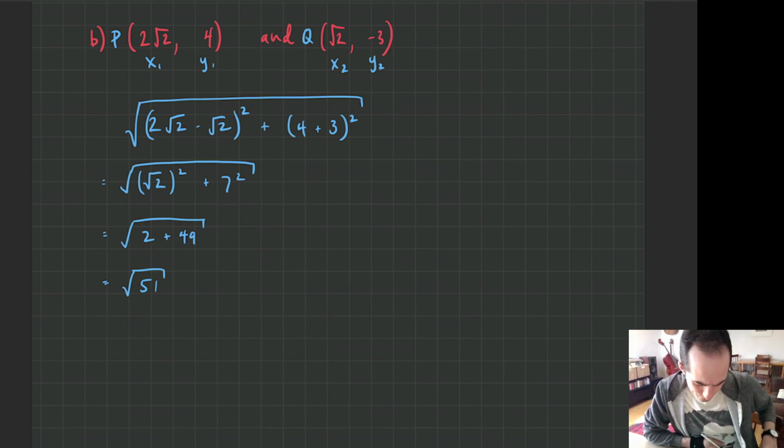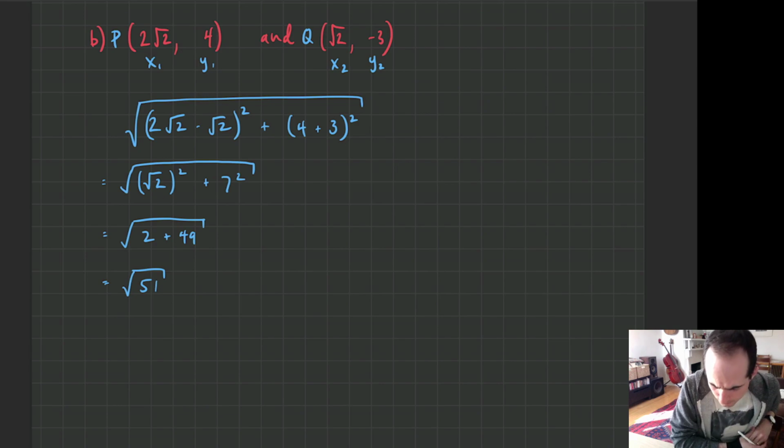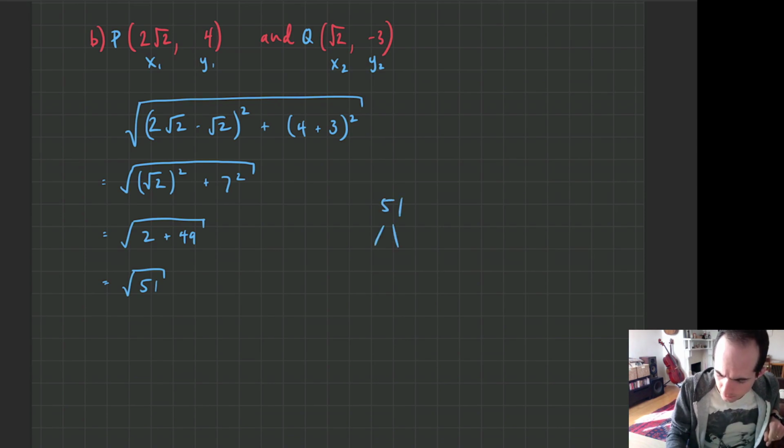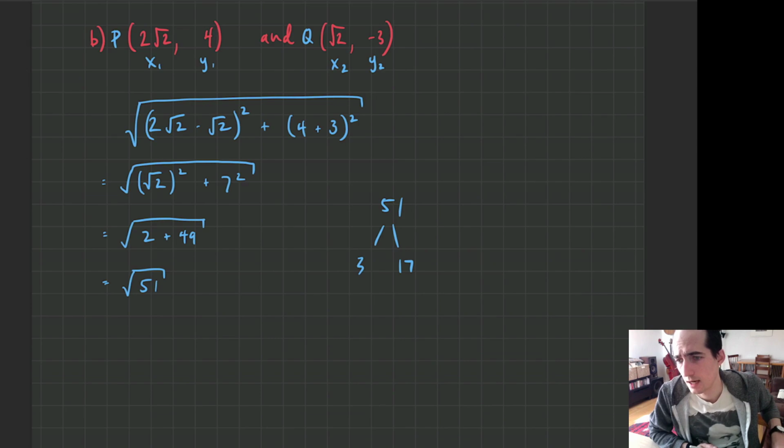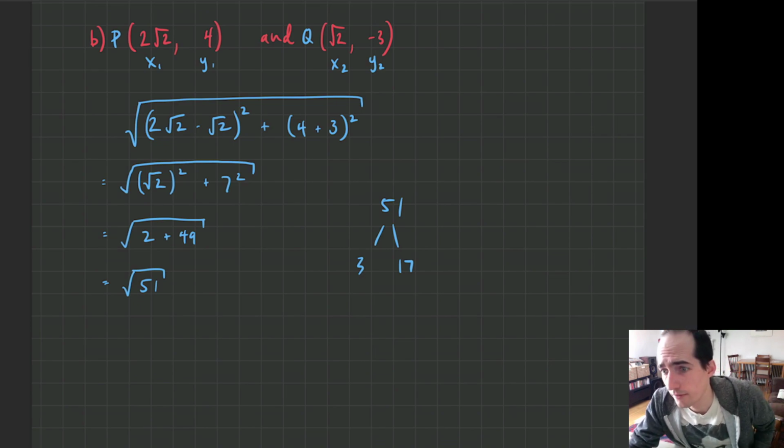Now, the square root of 51, I don't think I can simplify that. If I were to find the factor tree for 51, 3 goes into 51 17 times. Both of those are prime numbers, so we can't actually simplify that. So it is just the square root of 51.